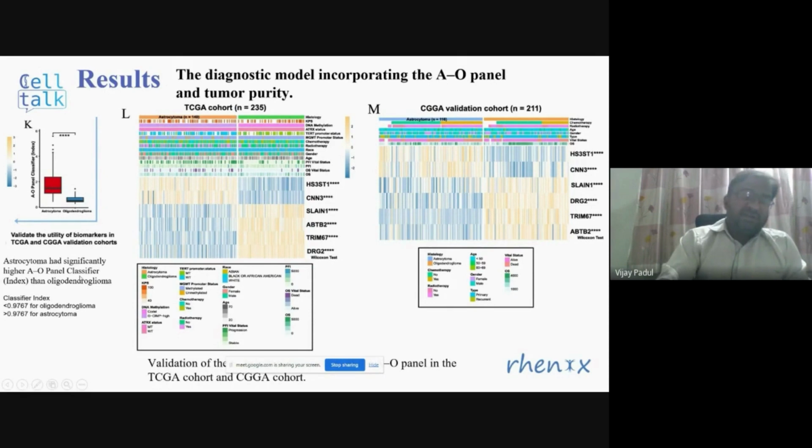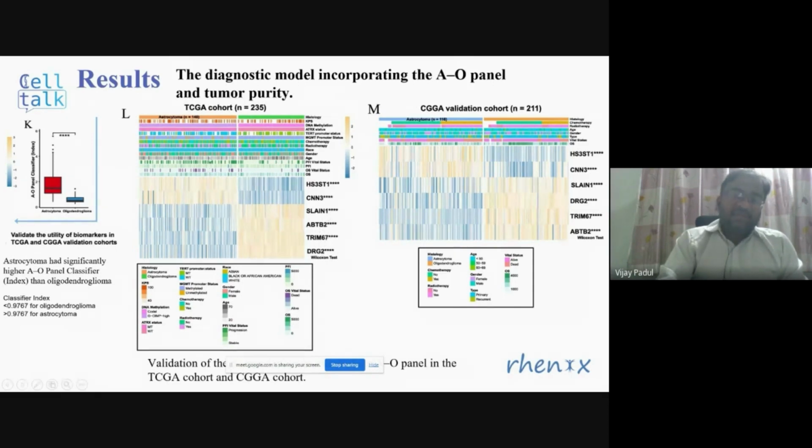They created a classifier index, and if that classifier index value is less than 0.9767, then it is more likely to be oligodendroglioma. And if this classifier index is more than 0.9767, then it is more likely to be astrocytoma. And out of those 111 genes, they identified these 6 highly significant genes: HS3ST1, CNN3, SLAIN1, ABTB2, TRIM67, and DRG2.